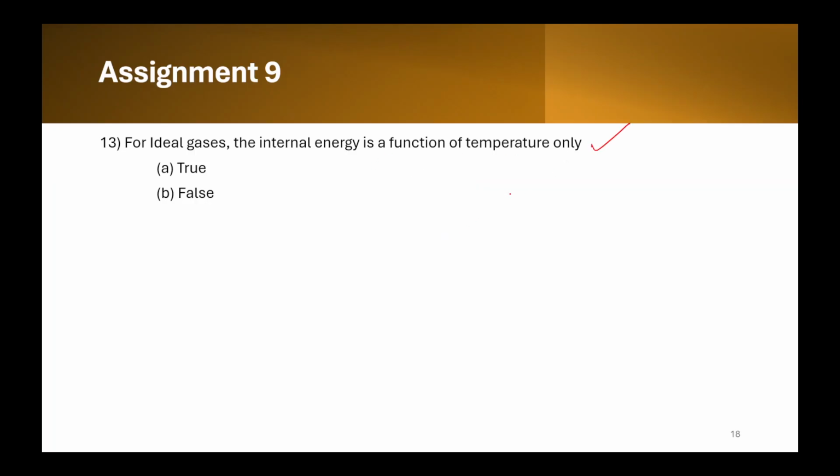Why? Because if you look at ideal gases, the particles don't have any intermolecular forces of attraction. So in that sense, the pressure and volume become immaterial.